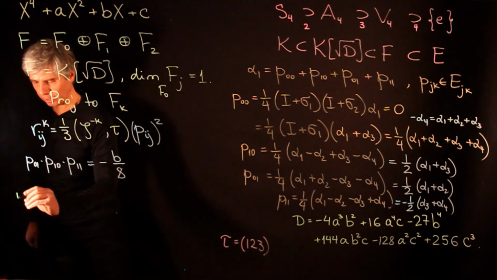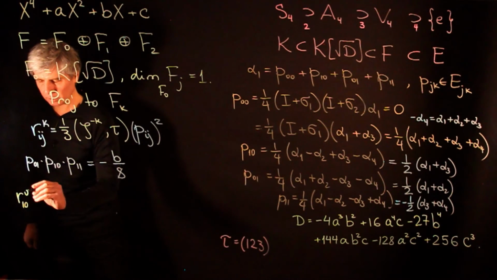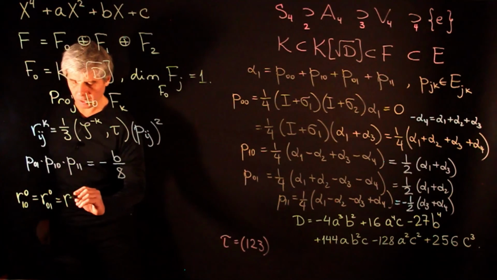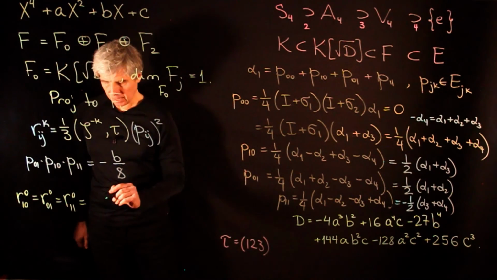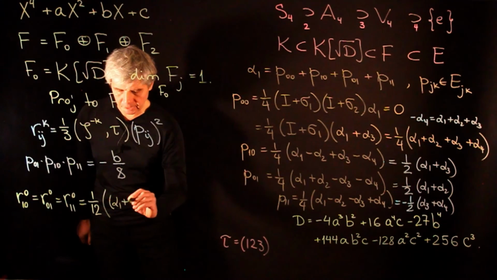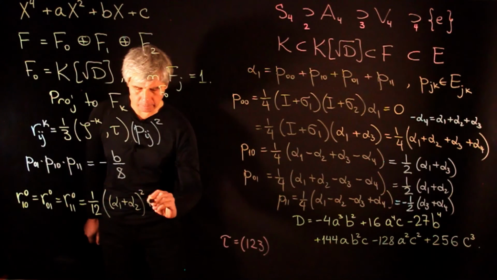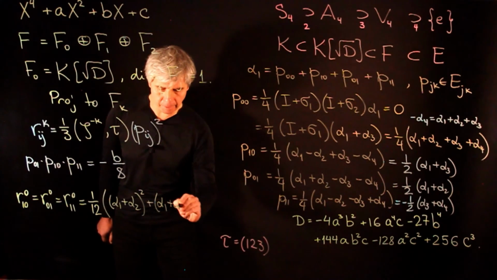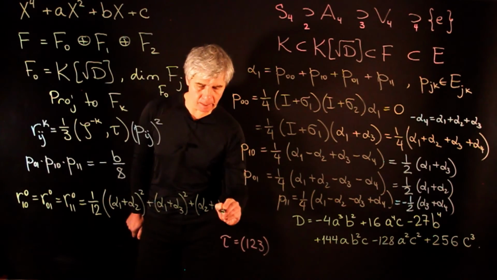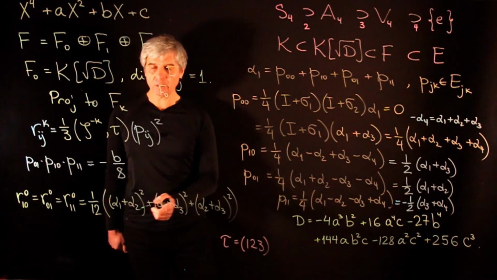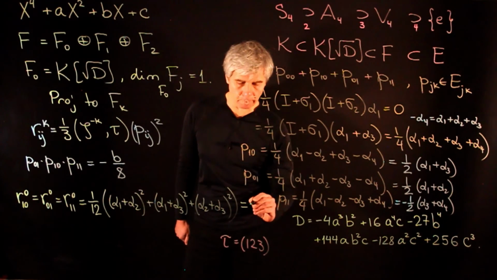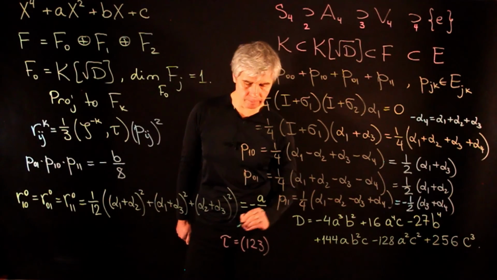So we have that R100 is equal to R010 and is equal to R110 and equals 1/12 of (alpha 1 plus alpha 2) squared plus (alpha 1 plus alpha 3) squared plus (alpha 2 plus alpha 3) squared. And it turns out that this expression is S4 invariant and is equal to minus a over 6.